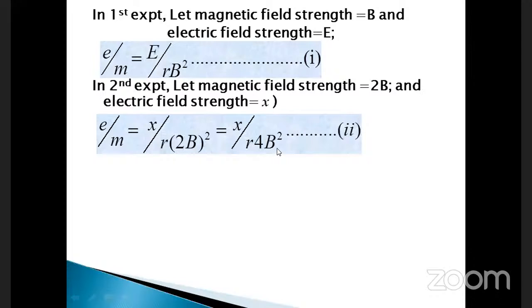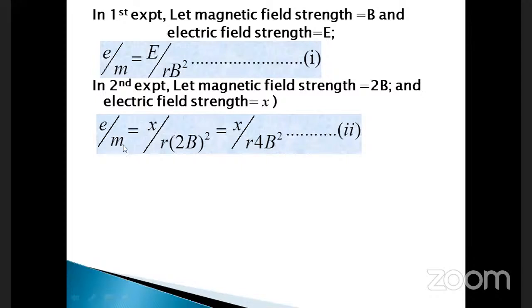Since equations 1 and 2 are similar, why are they similar? They both end up being E over M. That left hand side of the equation is E over M for the two of them. E over M here, E over M there.